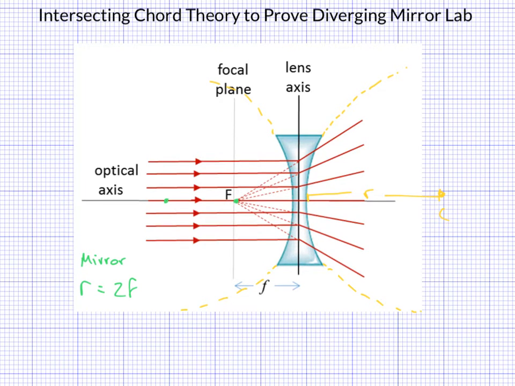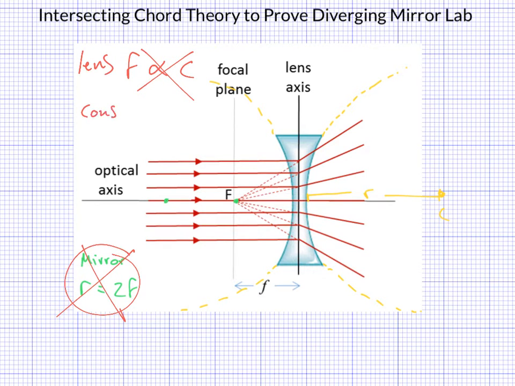So even though the geometry of the lenses would stay the same, the focal position would be different. So we can only use this with a mirror, and we can't use it here with our lens. The lens focal length doesn't have a relationship to the center. This we can't use. We're going to consider the refractive index, okay?